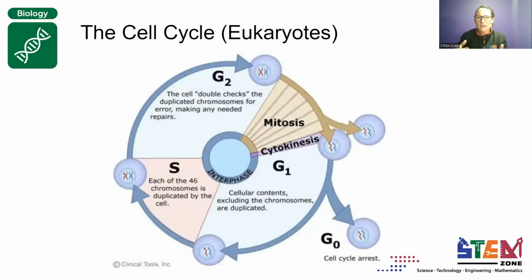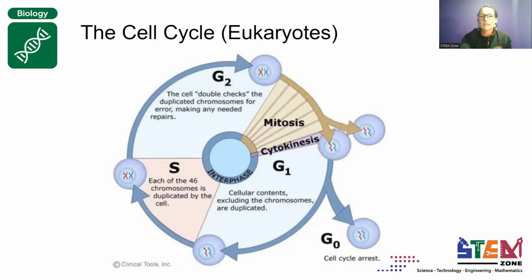It's to enlarge, it's to produce more organelles, and it's also to function as a cell, to perform its function. So like I said, if it's a digestive system cell, it's got jobs to do. If it's a heart muscle cell, it's got jobs to do, and that sort of thing. So during growth 1, the cell is growing and it's building its cellular contents and it's performing its daily functions.